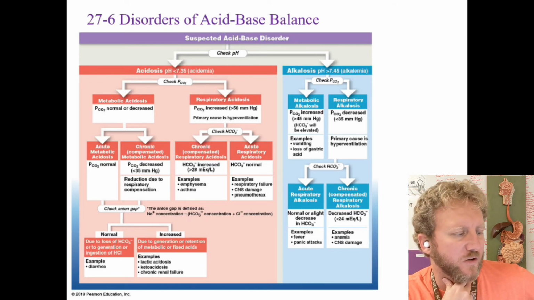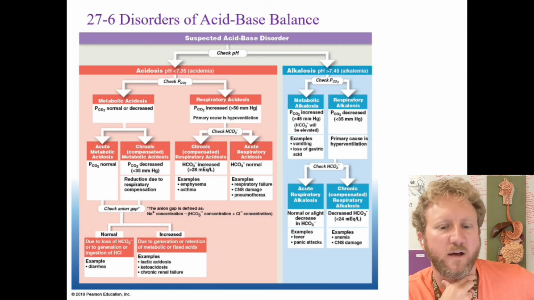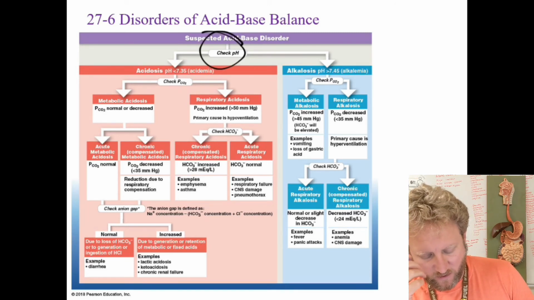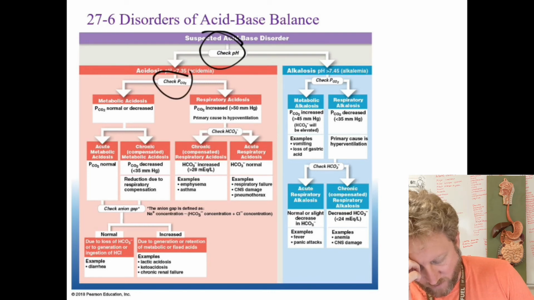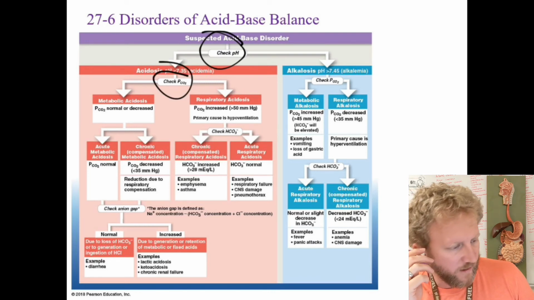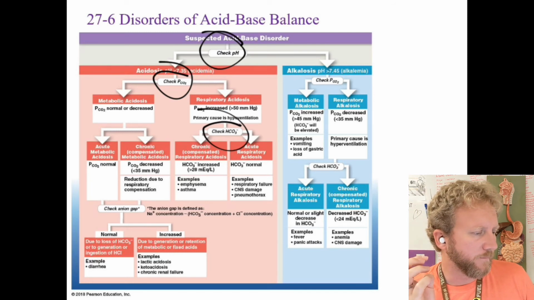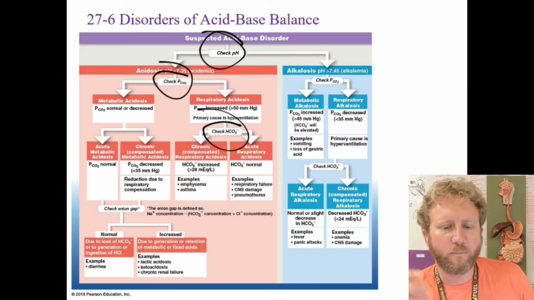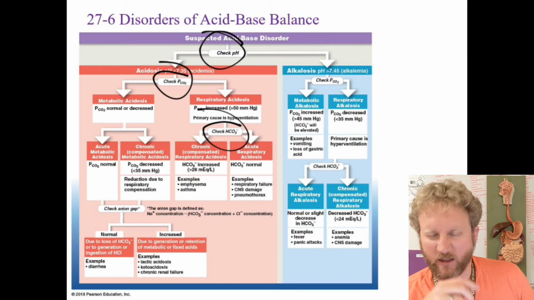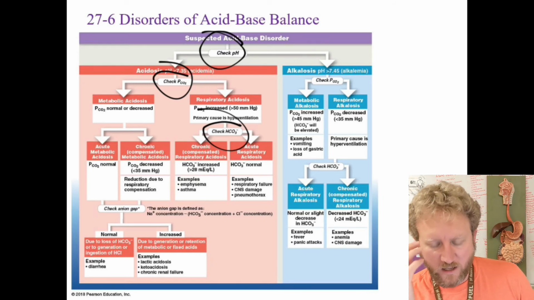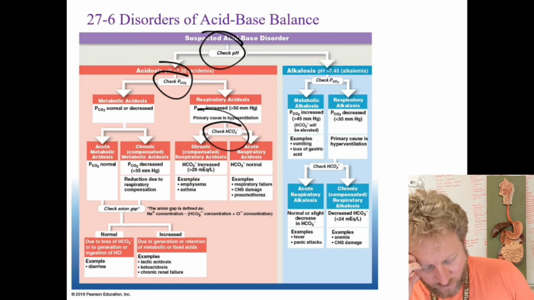Detection of acidosis and alkalosis includes measuring pH, which you can see there, measuring partial pressure of carbon dioxide, measuring bicarbonate levels. And then based on the diagnosis, looking at these checkpoints, blood pH, partial pressures, things like that, then you determine if it is respiratory or metabolic.